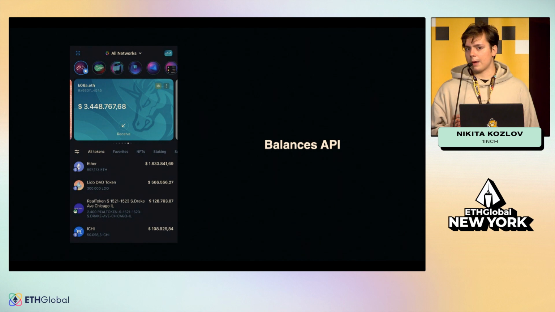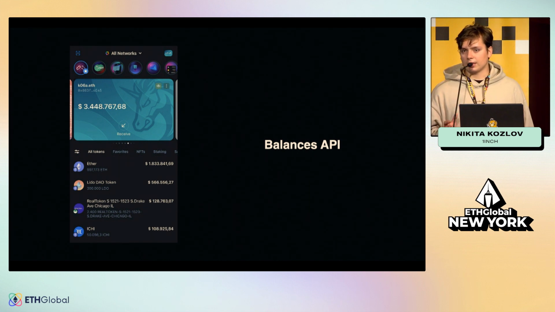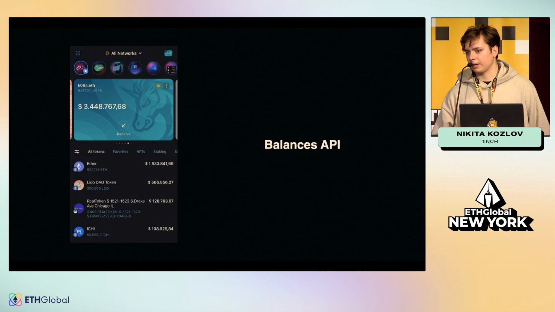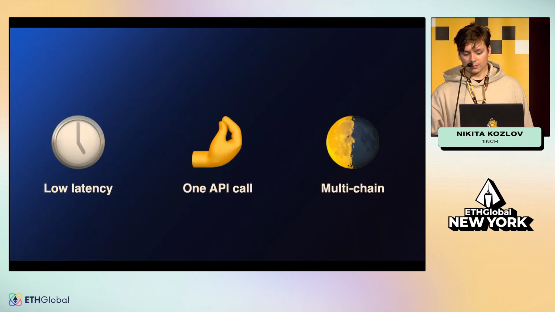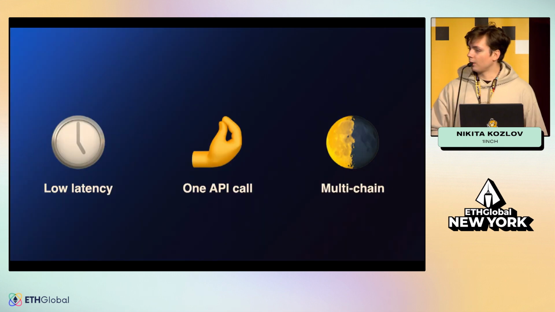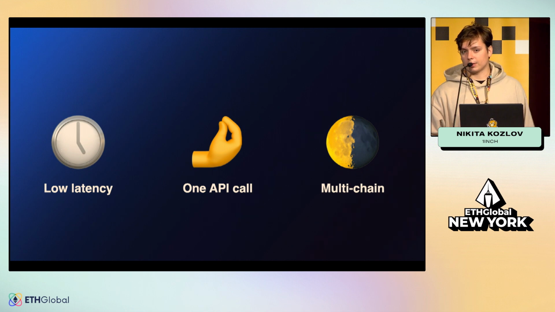For example, if your app has cross-chain support, you need to take care of every chain's node RPC, and that's quite resource-intensive. On the developer portal, you can just use it and just change the parameter of the request. So: multi-chain, low latency, and one API call for getting all the balances and allowances at the same time.